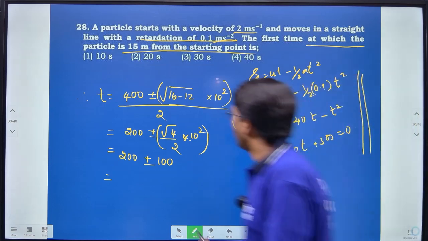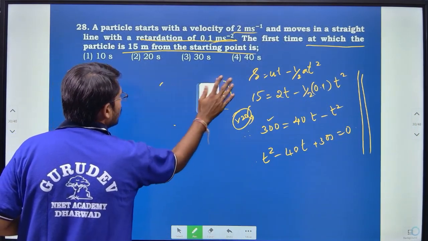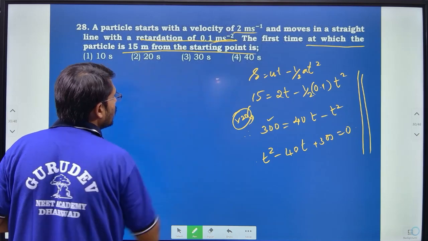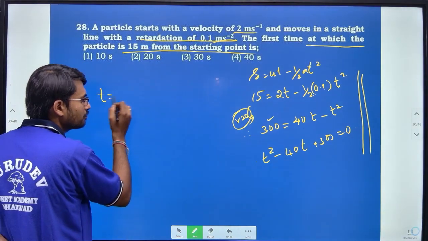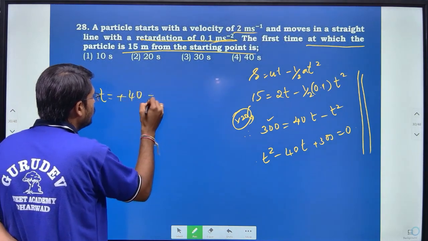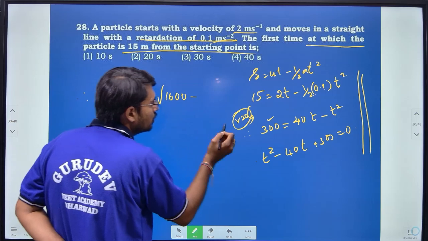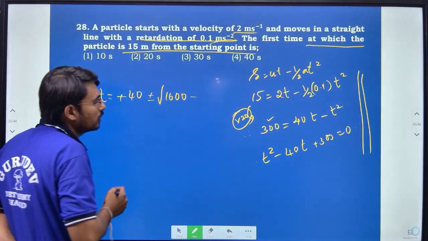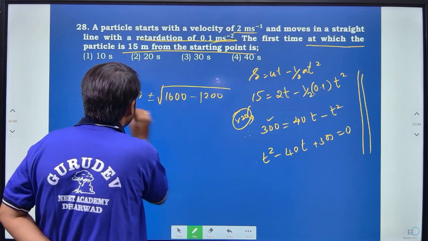That is correct. As a result, if you simplify accordingly, look at this: minus 40, plus or minus square root of 1600 minus 1200, divided by 2.